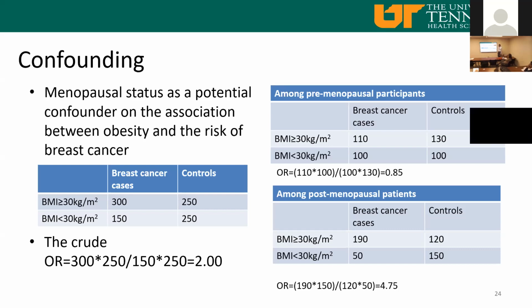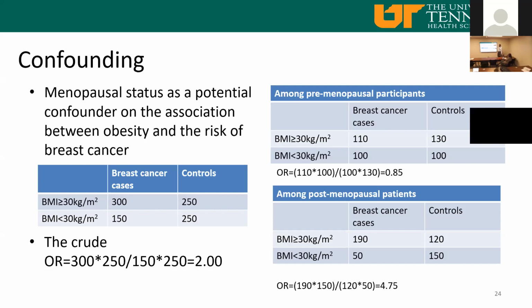And that means there is a differential association between obesity and the risk of breast cancer based on the menopausal status. And this tells us that menopausal status is a confounder in the association between obesity and the risk of breast cancer.